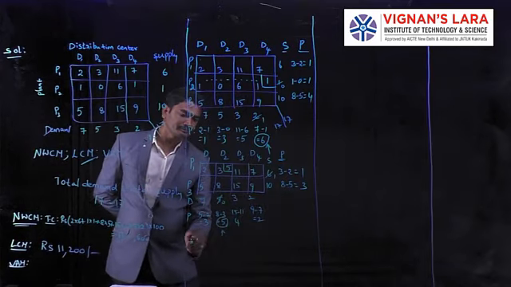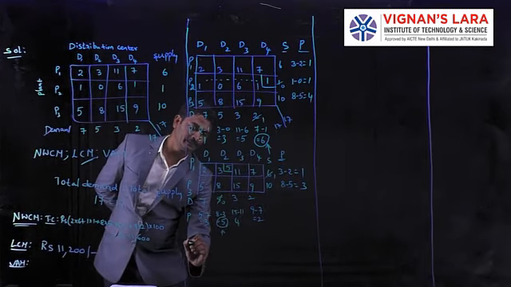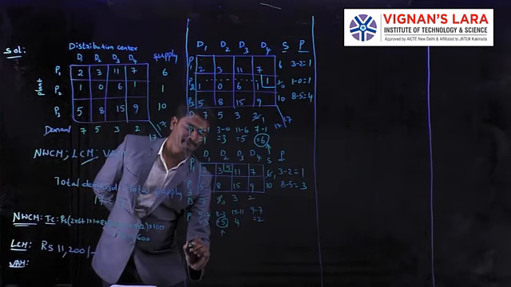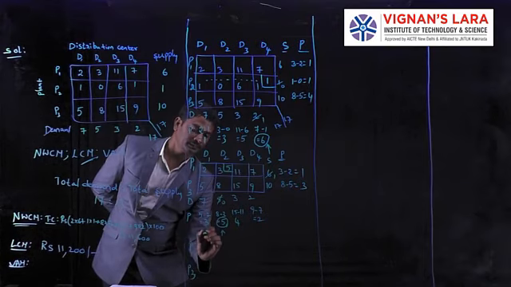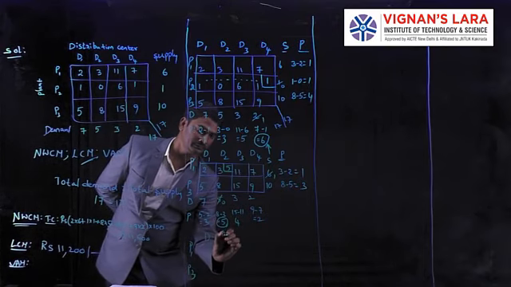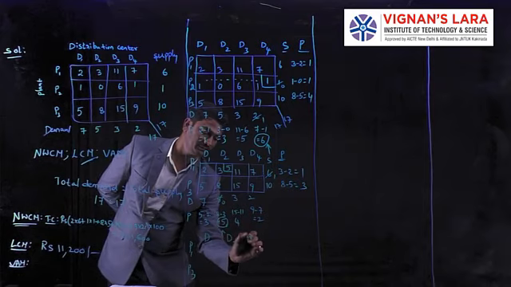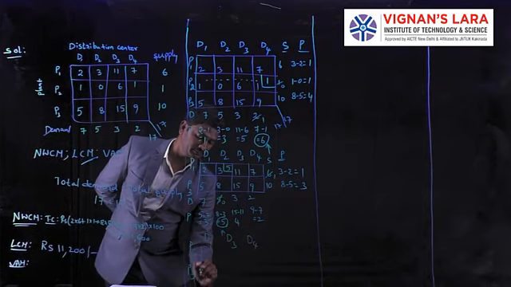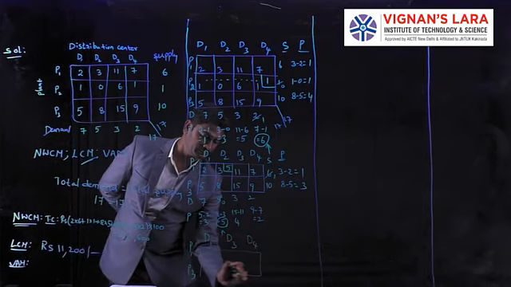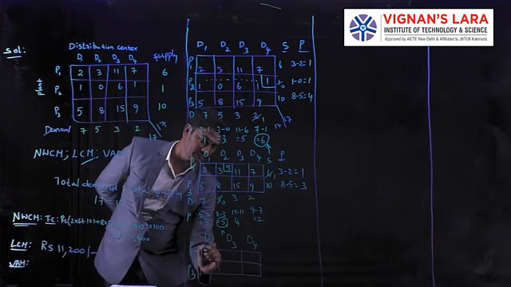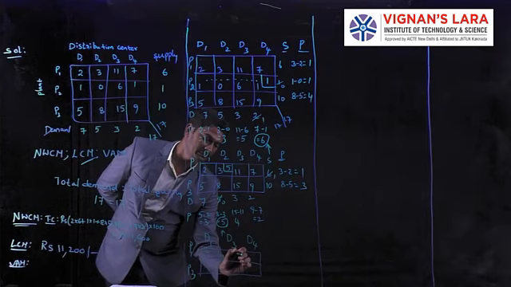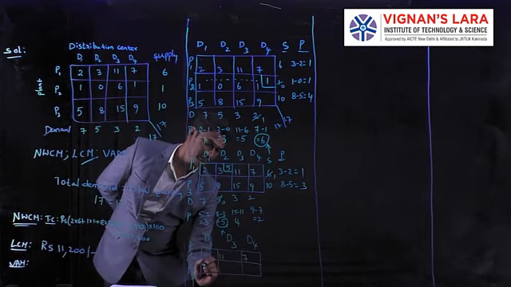Next, P1, P2, sorry, P3, and D1, D3, D4. Here 2, 11, 7 and 5, 15, 9.